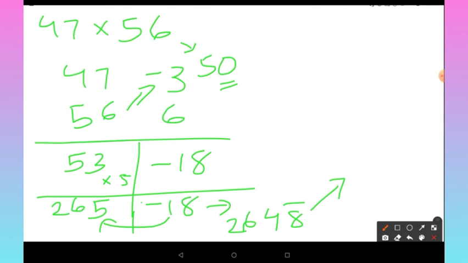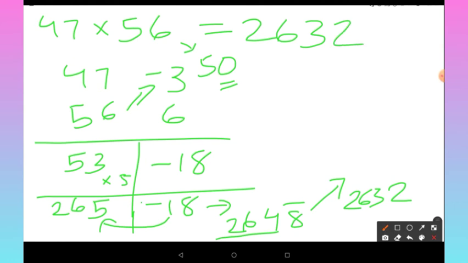We have discussed how to remove the bar in the previous video; if you have not watched it, please watch that video first and then proceed. For removing the bar, subtract the last digit from 10, so 10 minus 8 is 2, and then 264 minus 1 is 263. So our answer for 47 into 56 is 2632.